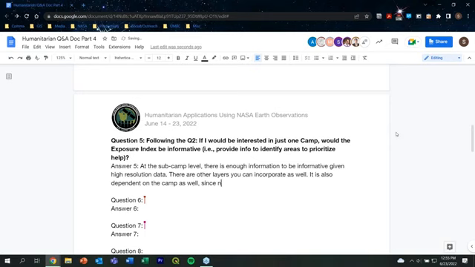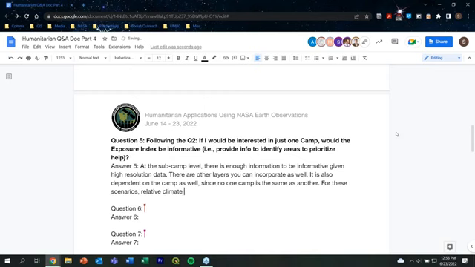In that scenario going forward, this relative climate index is really valuable, because we can lay out the potential choices, which is what the simulated camps are all about. We can lay out those potential scenarios to guide future decision making.